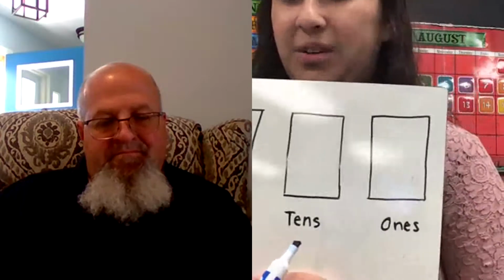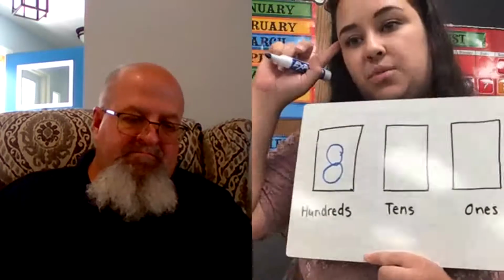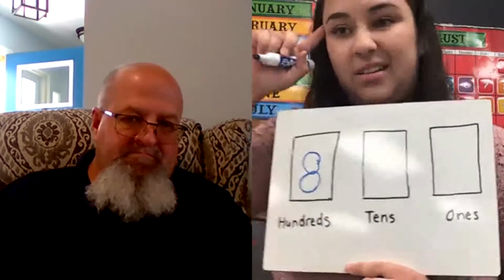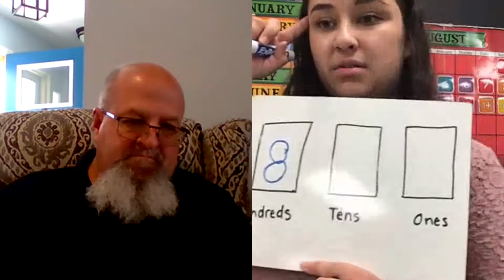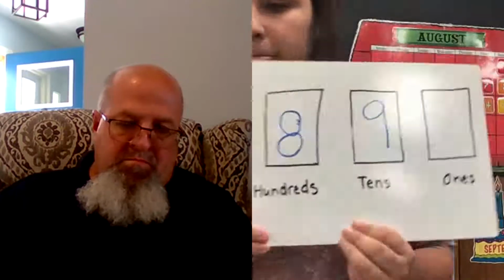The next thing I heard was 90. Okay, so if we think about which one 90 is, it kind of sounds like 9, which is one way to tell, but you can also count up by tens if you need to. So you could say 10, 20, 30, 40, 50, 60, 70, 80, 90, right? So if we had 90, we find out that it's 9, we can put a 9 there.